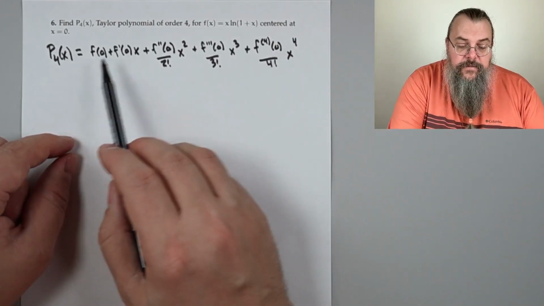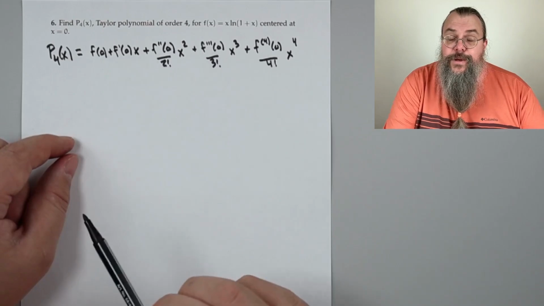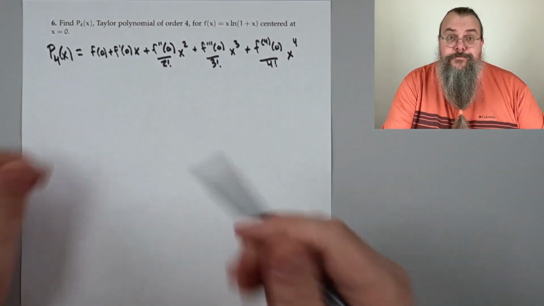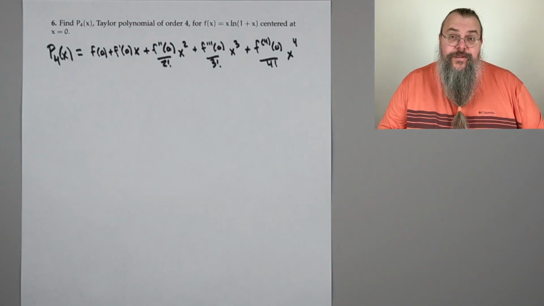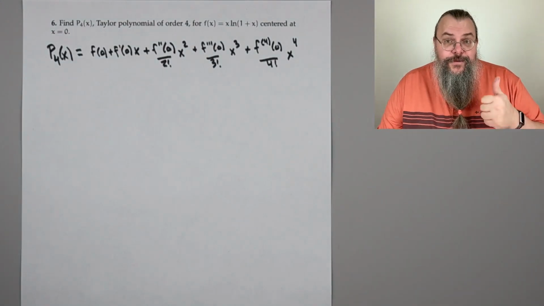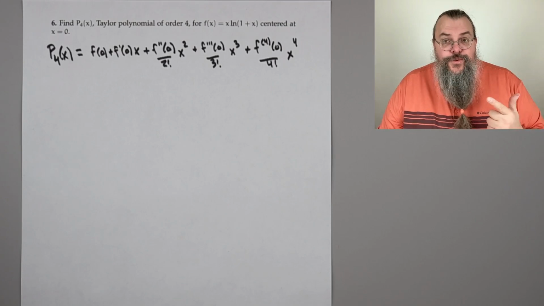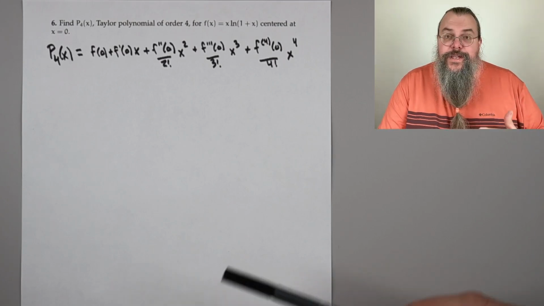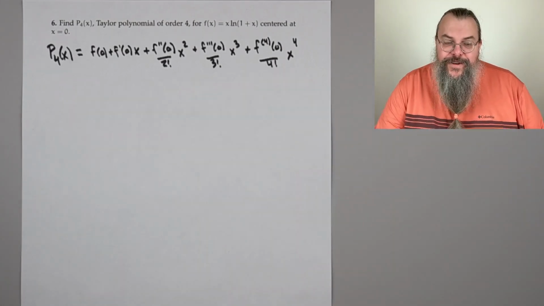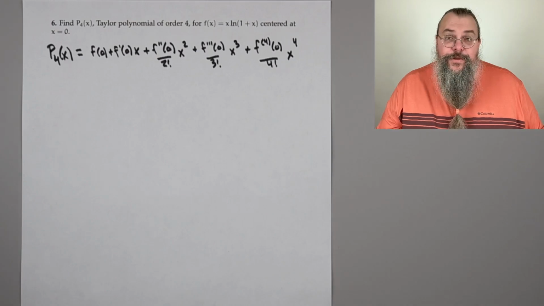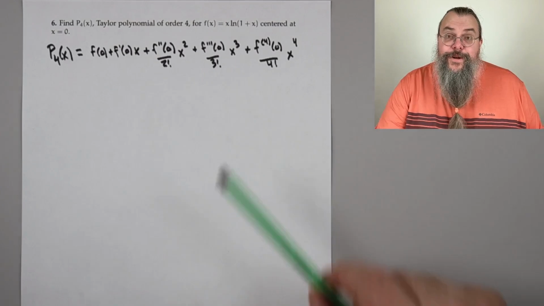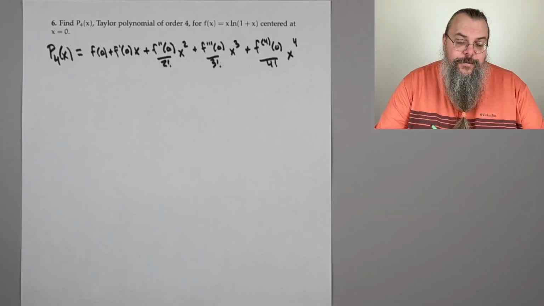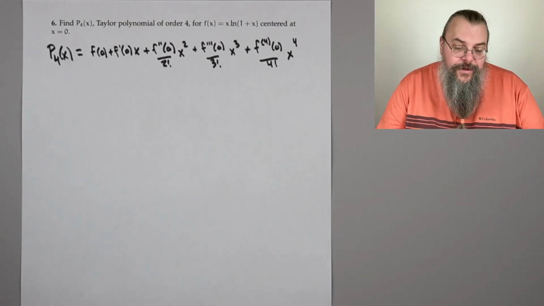So we have to find these values, plug it in, simplify, we're good to go. So this technique is 1, knowing the rules, and 2, being careful with finding derivatives. Okay, so knowing the rules, I mean know the definition of the Taylor series, and don't forget your factorials. All right, well, here we go.